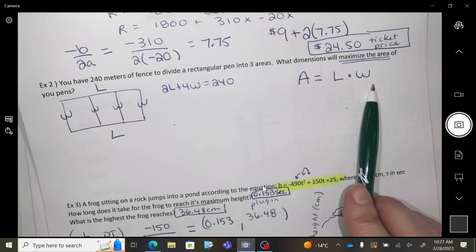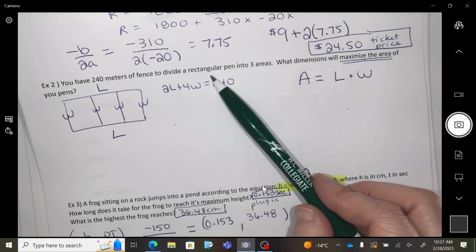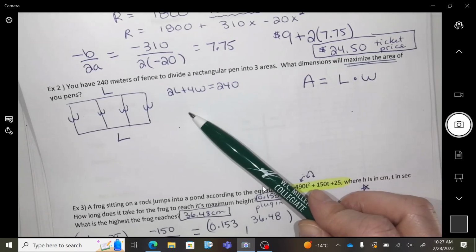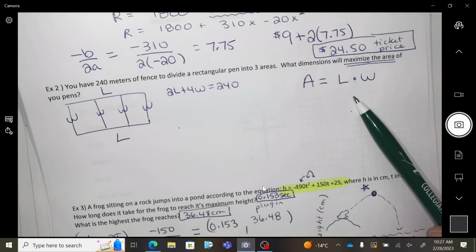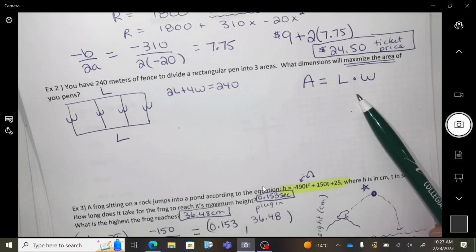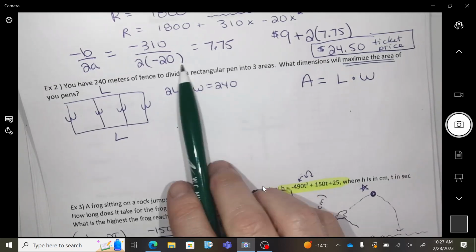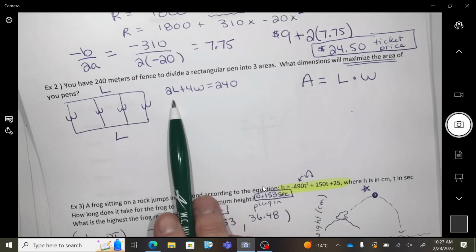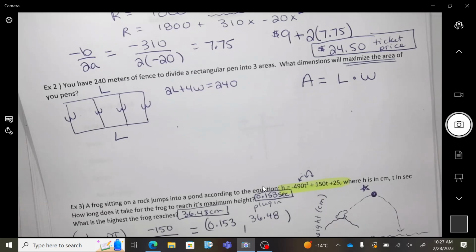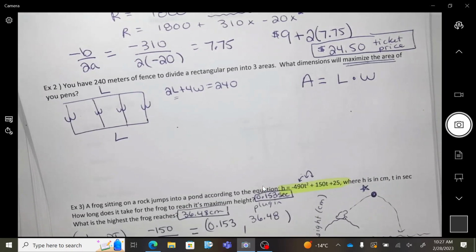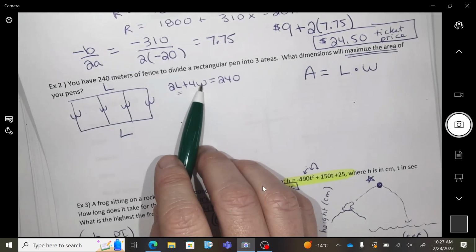So what we're going to do is get one variable isolated, and then we're going to replace it into this equation so that I can work with just 2 variables instead of 3. Which letter is easier to get alone, the L or the W? The L is easier because there's more of those.